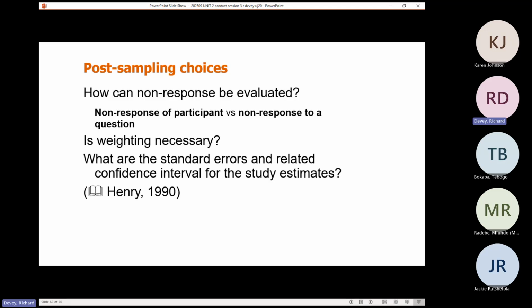In that case, if you get a high non-response rate, you have to reconsider the value of that question, or that measurement that you're taking, because it might be a problem. Obviously, you don't want to get high levels of non-response.